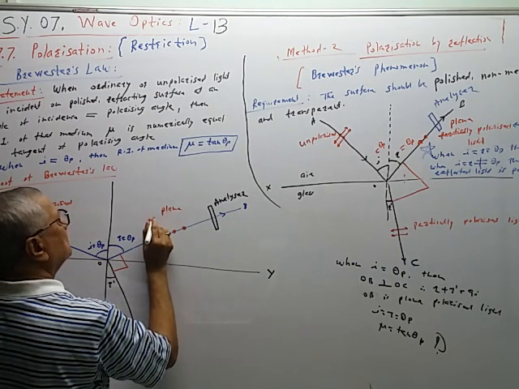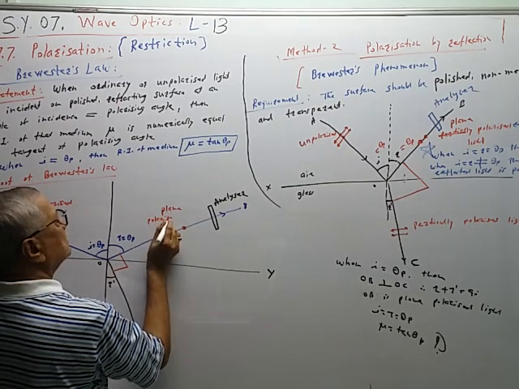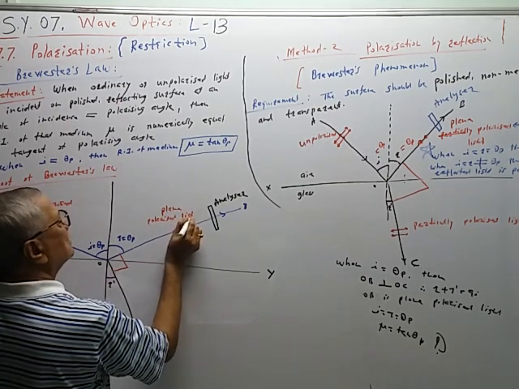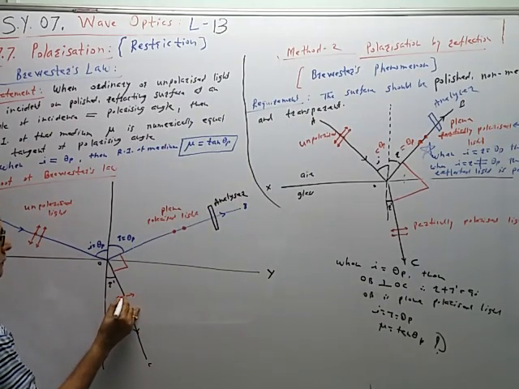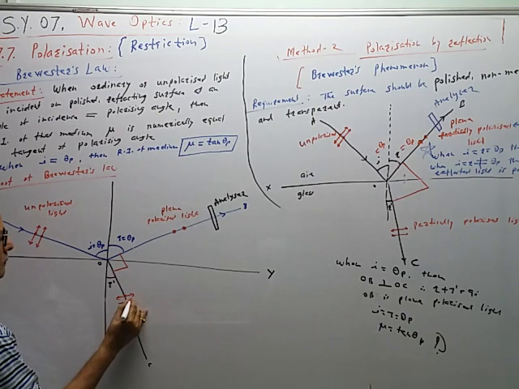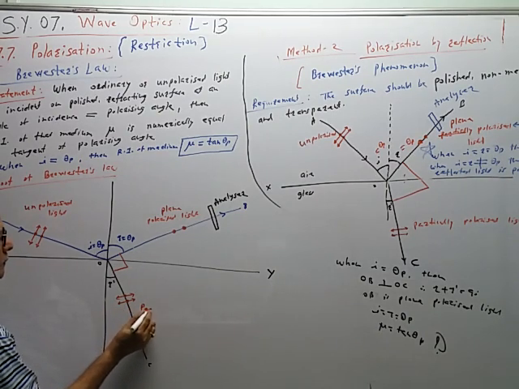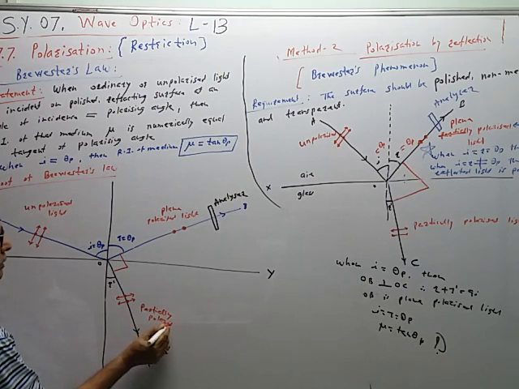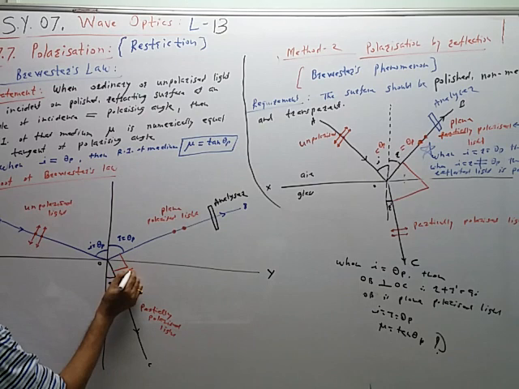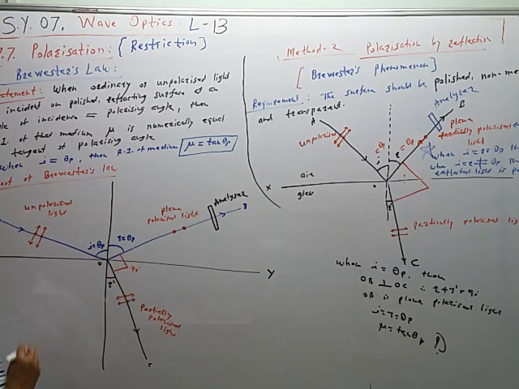Plane polarized light. This is a partially polarized light. Partially polarized light, and this angle is 90 degree. Like this. So this is the correct diagram.